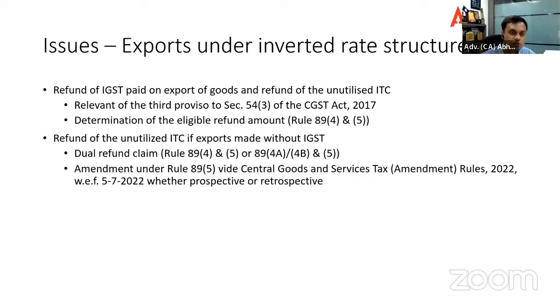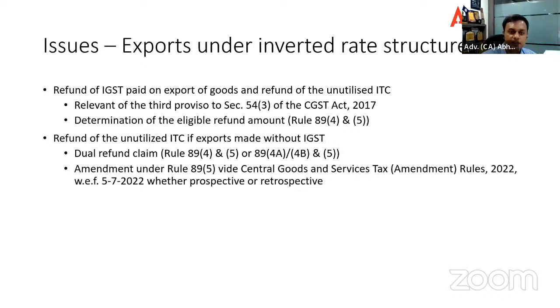Again, something that one has to keep in mind. To my mind, as we already discussed, 4, 4A and 4B are all available to the exporter. A view compelling the exporter to take recourse to 4A and 4B does not appear to be supported by either the intent or the language of these sub-rules.